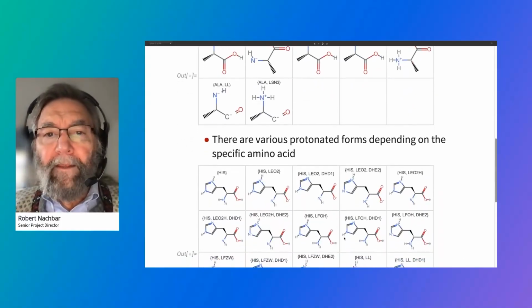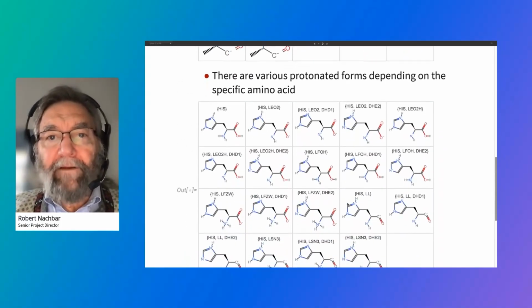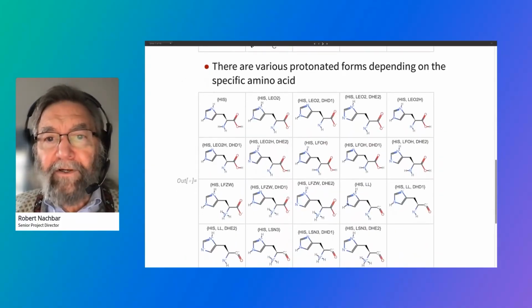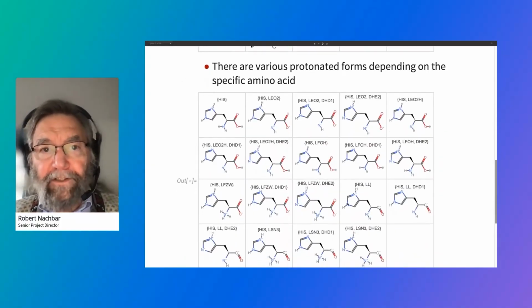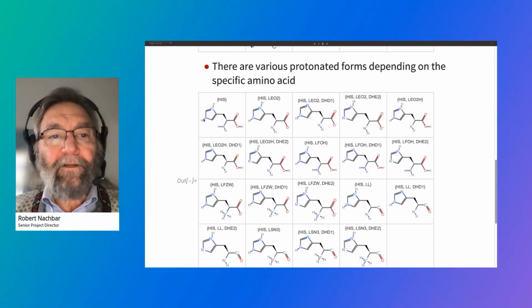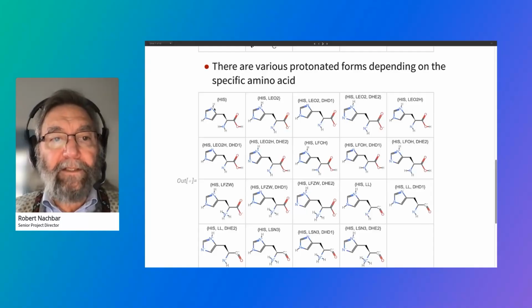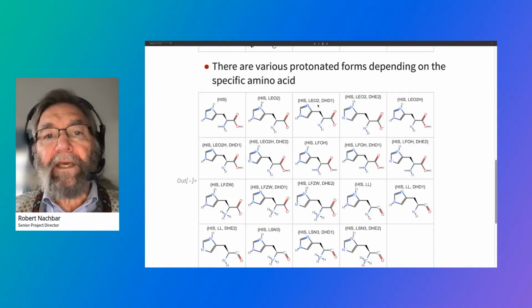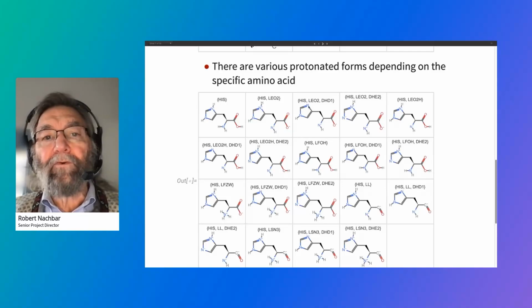On top of that, there's a lot of side chain variability as well. These are the different side chain variations for histidine. At more physiologic pH, the imidazole group has an extra hydrogen on it here. And in some cases, it could be missing. This is a neutral one here.